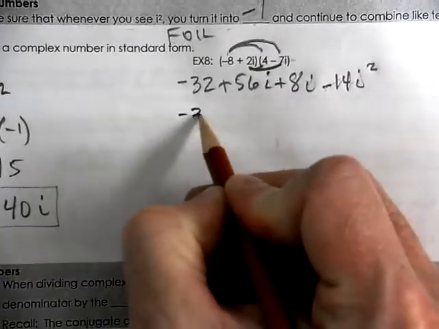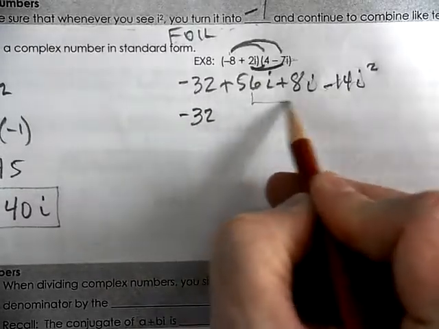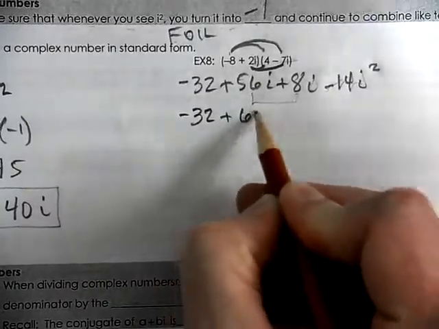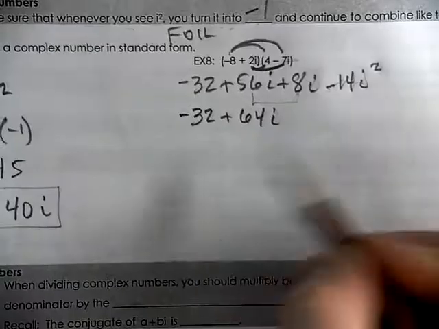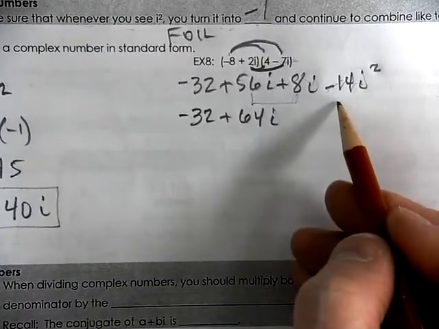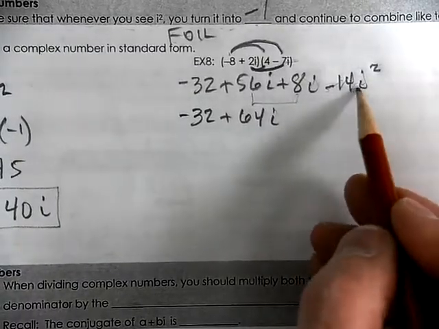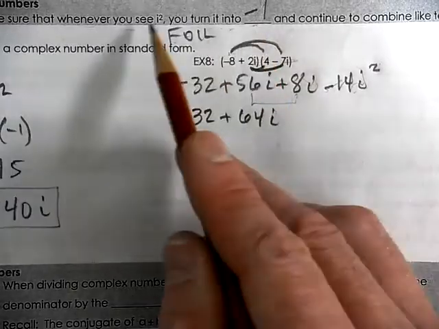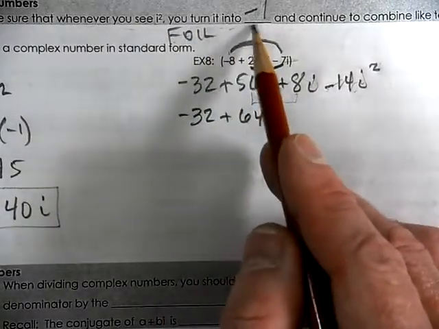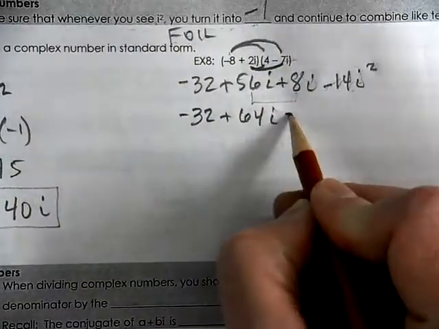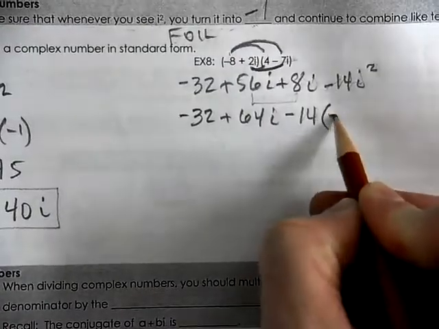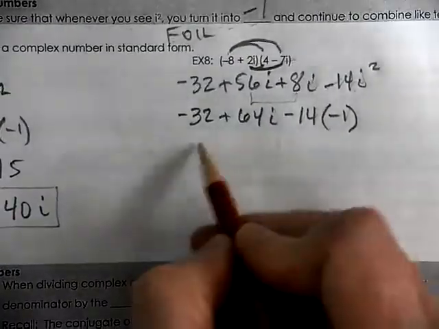So we have our -32 we can't do anything with. We can group our like terms together to get 64i. Now we're just using our math skills. We know that i squared is actually something else. We see i squared, we turn it into -1. So this is going to be -14 times -1.